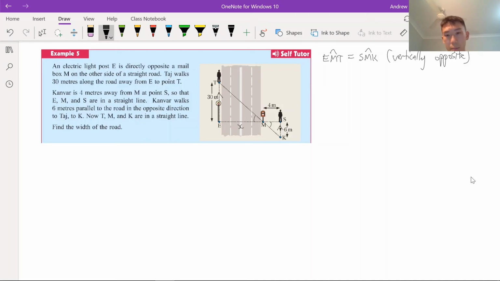So what that means is this angle and this angle are equal because they're alternate, and they're equal because of the parallel lines, and also these two are also alternate. So let's try to name those. In green, we got angle TEM is going to be equal to angle KSM.